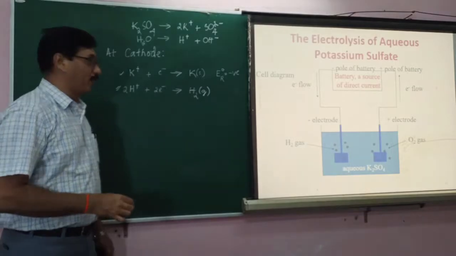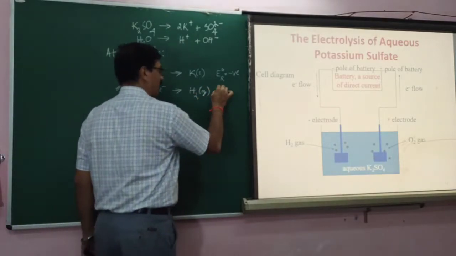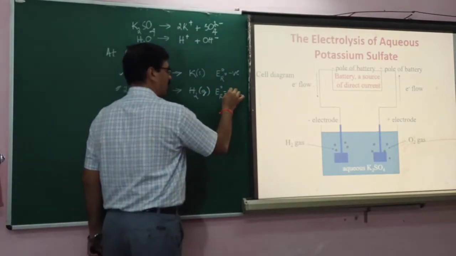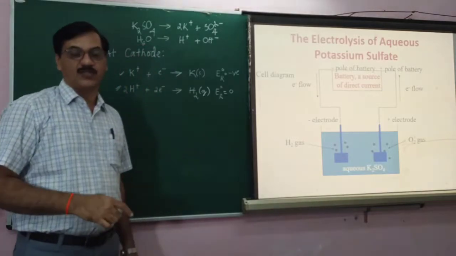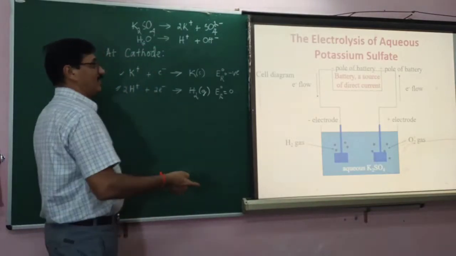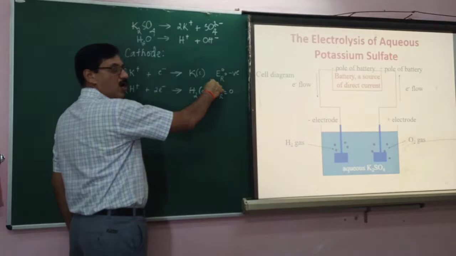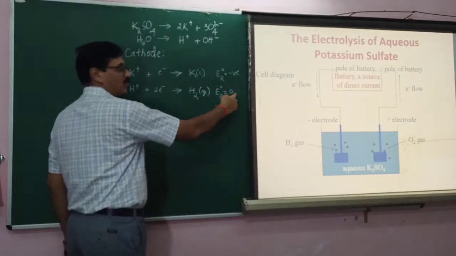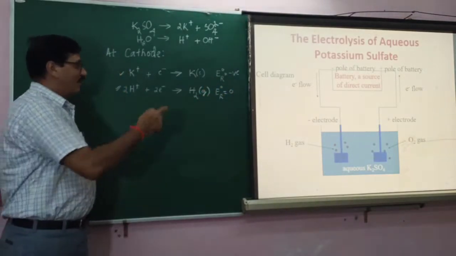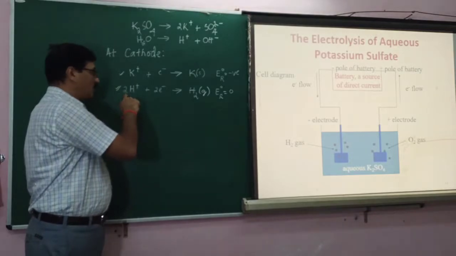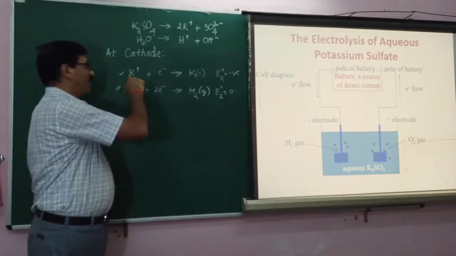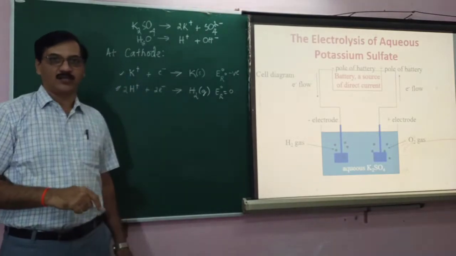The reduction potential is negative. And for hydrogen, this is 0, arbitrarily taken as 0 for the reference electrode. So the standard electrode potential of potassium is negative, whereas this is 0. Therefore, the reduction potential of the H plus ion is more than that of the potassium ion.